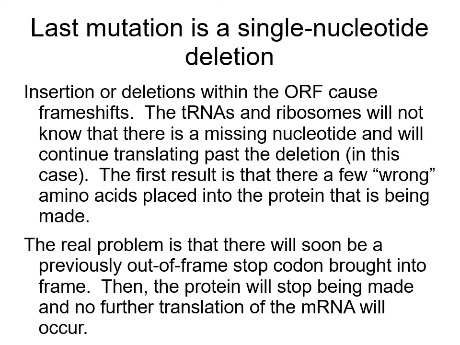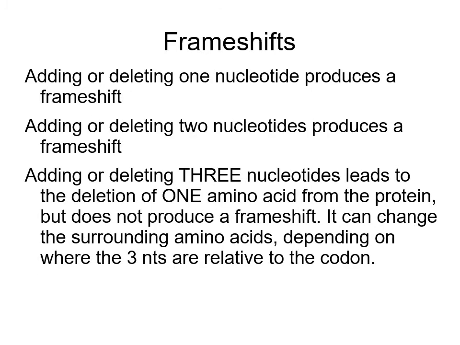But what's worse is that there will soon be a previously out of frame stop codon that's now brought into frame, and then the protein will stop being made and no further translation of the RNA will occur. Okay, so if you add or delete 1 nucleotide, you get a frame shift. 2 nucleotides, a frame shift. If you add or delete 3, you delete one amino acid from the protein, but it does not actually produce the frame shift.